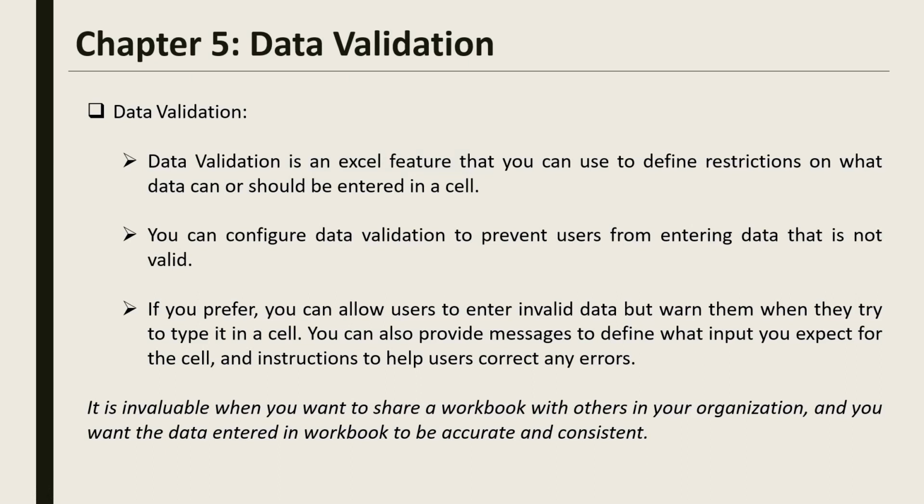If you are not using data validation, people will enter the information according to their own preference. So if you are sending an invitation to 500 people, the 500 people will fill in the information in very different ways. It will be very difficult for you to extract the information from that form. So let's understand it in the Excel sheet.